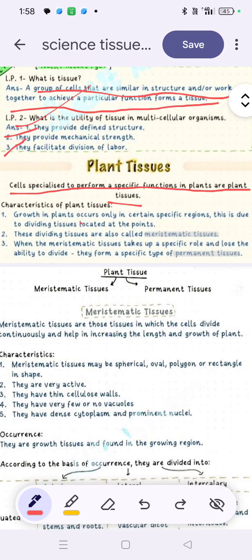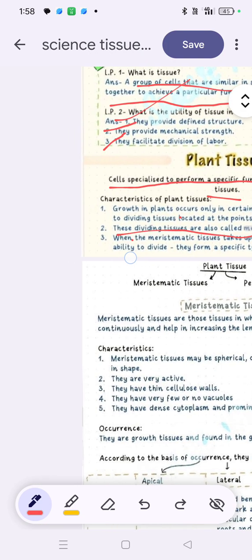Characteristics of plant tissue. Growth in plants occurs in certain specific regions. This is due to dividing tissue located at those points. So plant tissue is divided by specific regions. These are called meristematic tissues, and the second is permanent tissue.